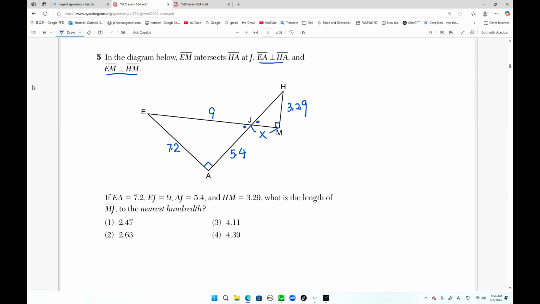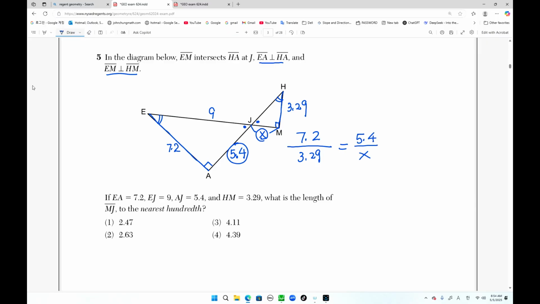So we're going to find the ratio of similitude. Which two sides are corresponding sides? I'm going this one, angle this way, angle this one. Right angle, angle E, right angle, angle H. These two sides are corresponding sides. So the ratio of similarity is 7.2 to 3.29. Okay. So where is the corresponding side for this one? That right angle, that right angle. This is the corresponding side, so it's going to be 5.4 over x.